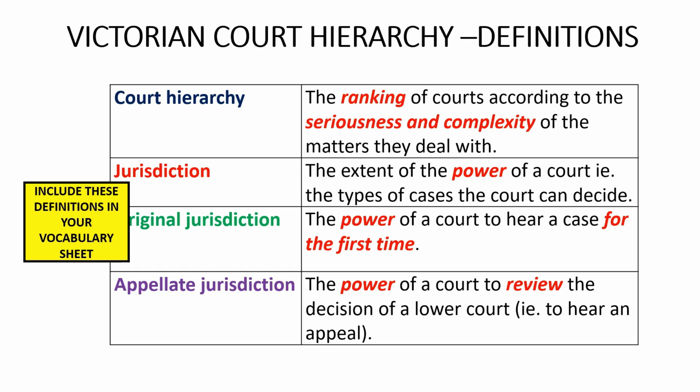As you know, the High Court is at the top of each of the state and territory court hierarchies, including the Victorian civil court hierarchy. The High Court deals with the most serious and complex cases. This is because parties are only likely to appeal a case all the way to the High Court where that case is a very significant case and the case involves difficult questions of law.